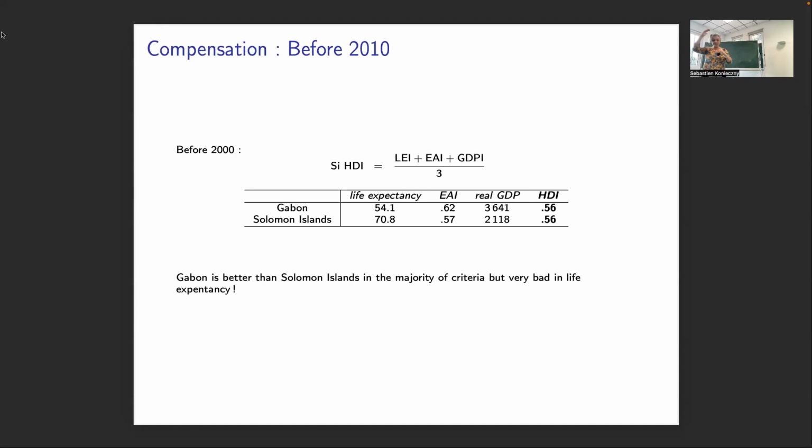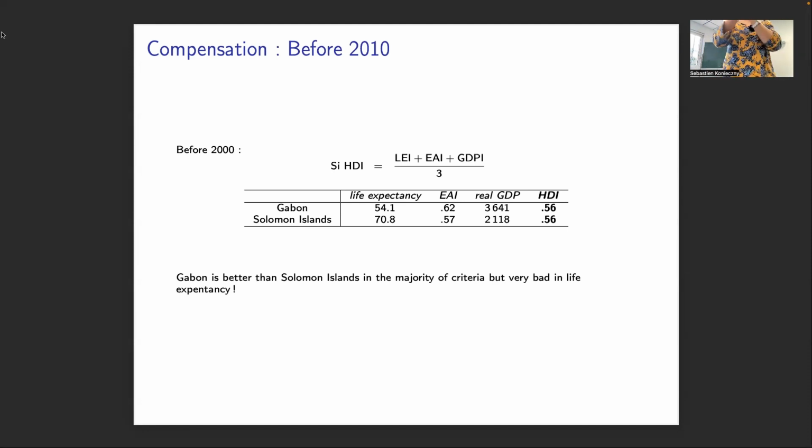If your GDP is below the average of the world, you have exactly your GDP, and then if you are doubled, the difference between the average and yourself will be a quarter of this difference, etc. So normally the Human Development Index will say that these two countries are equivalent. But why are they equivalent? Because they are using a plus, and when you have a plus, your operator is compensatory.